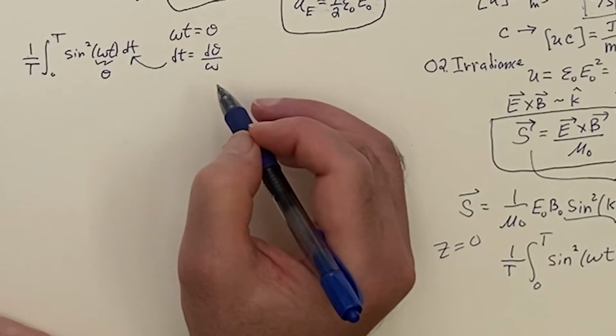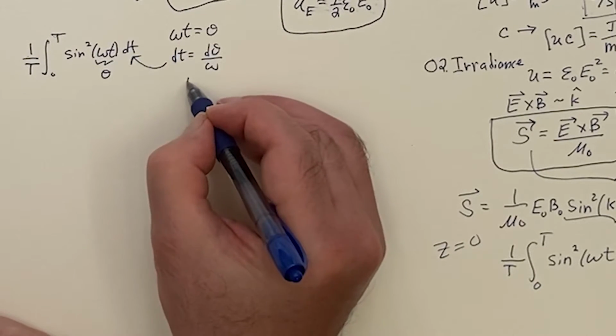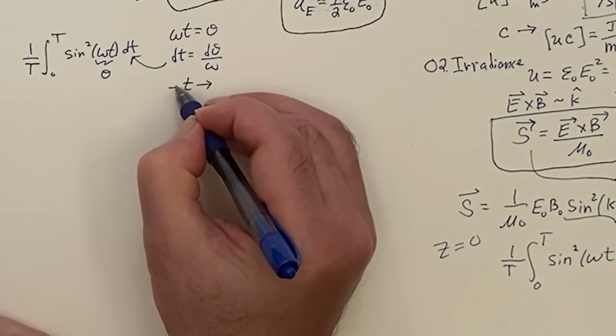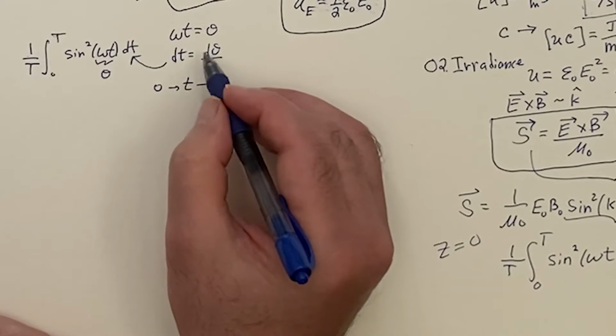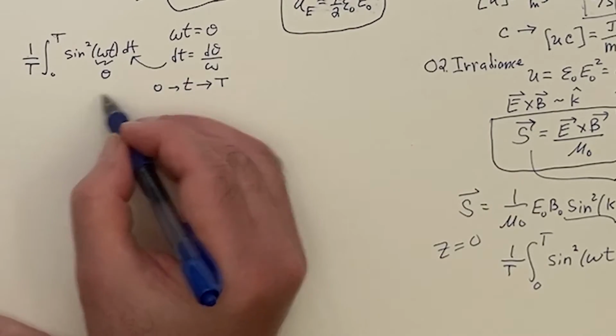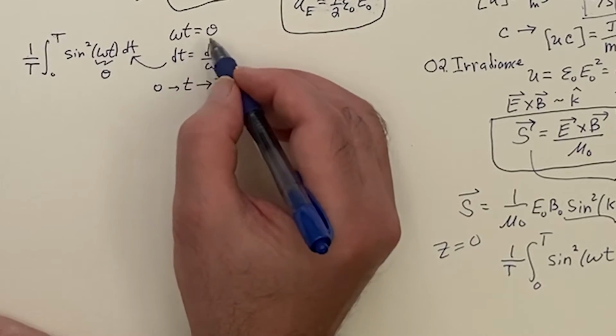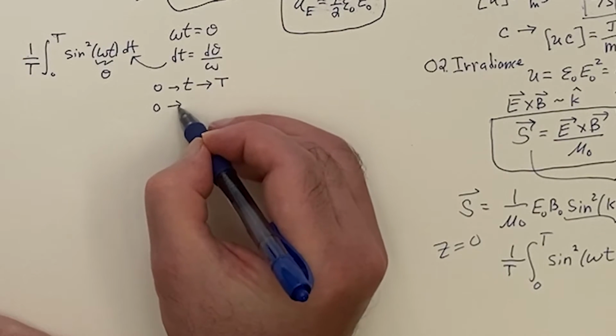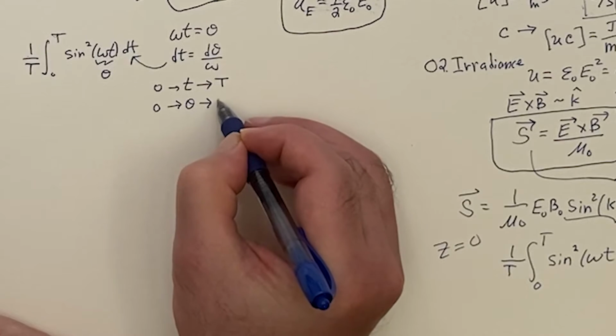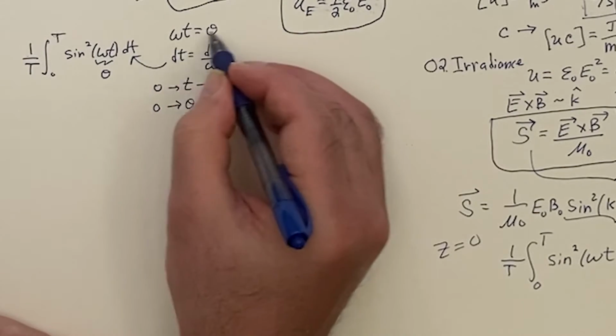And then when the t goes from 0 to capital T, then the theta will go from 0 to omega capital T, because that's what theta is, omega t.